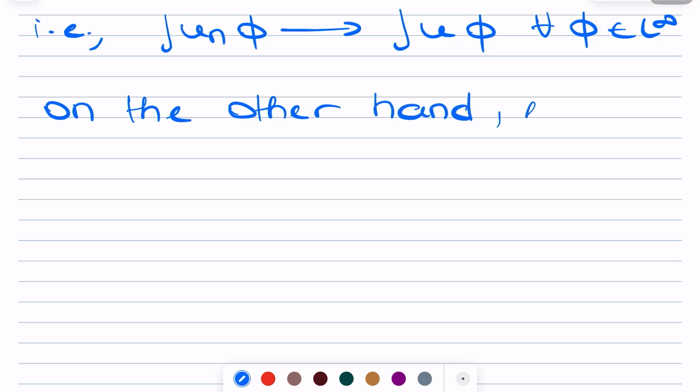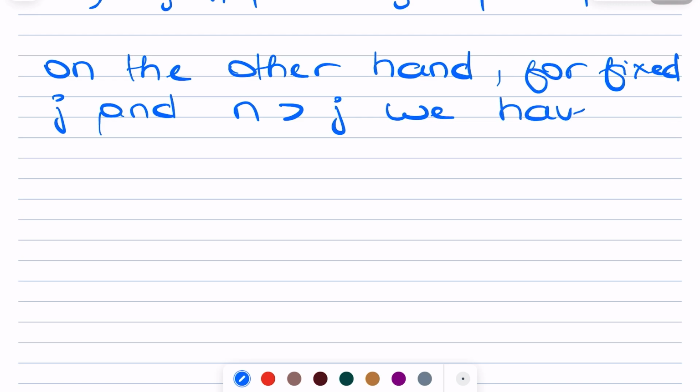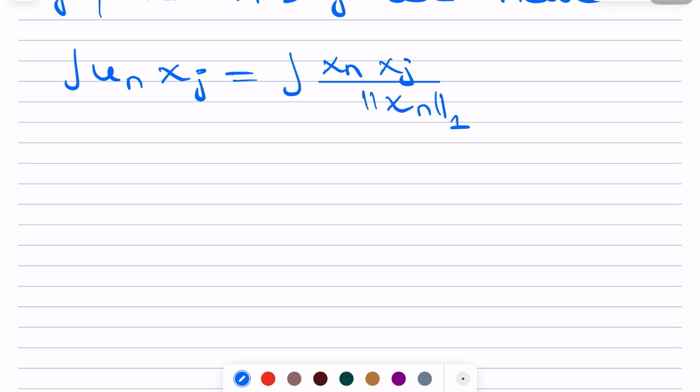On the other hand, for fixed j, and n strictly greater than j, we have the integral of Un chi j is equal to the integral of chi n chi j divided by the L1 norm of chi n, and this is exactly the integral of chi n over the norm of this, and this is exactly 1.